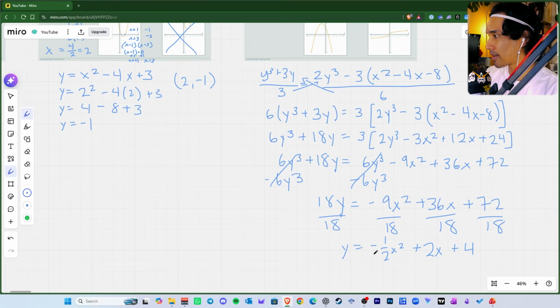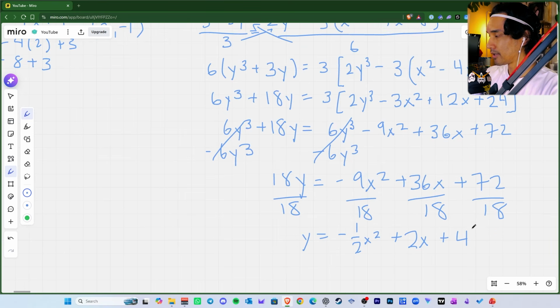Okay, giving me y is equal to negative 1/2 x squared plus 2x plus 4. So 72 divided by 18 is 4, and this is my equation right here: y is equal to negative 1/2 x squared plus 2x plus 4.